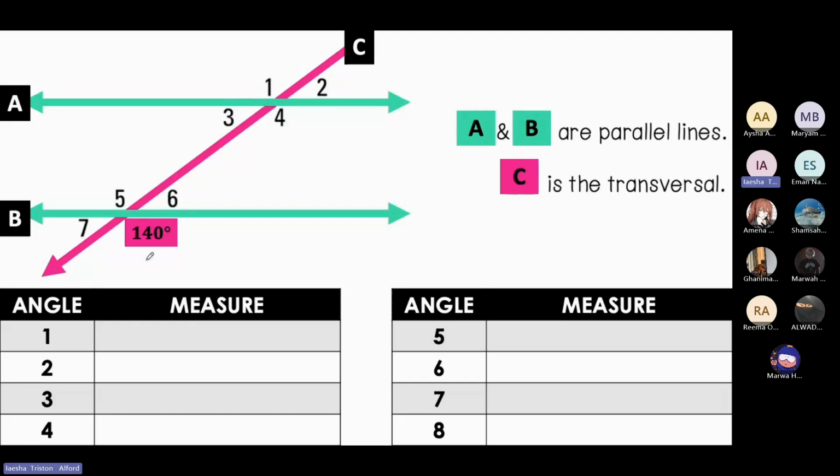So what is the next measure you should know? 5. Why 5? Because it's vertical. So it's vertical and should be what number? 140. Fine. How can you find the measure of angle 6?